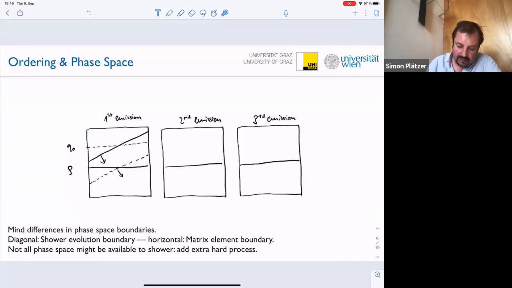And what I'm assuming here is that the phase space which is available to the parton shower has contours of fixed parton shower scale looking like these diagonals. So if I would start the shower at a scale Q0, it would then start to populate phase space down these lines.